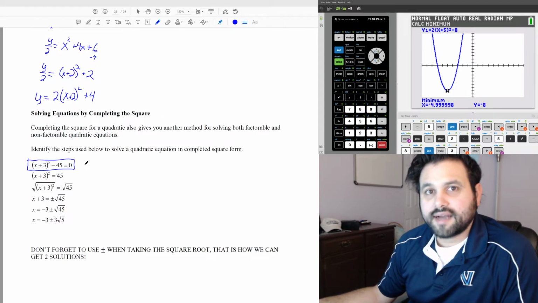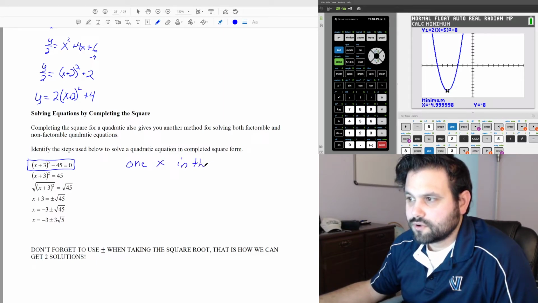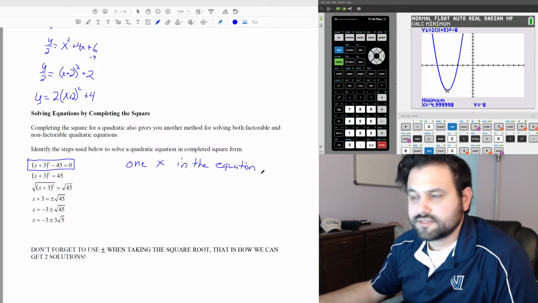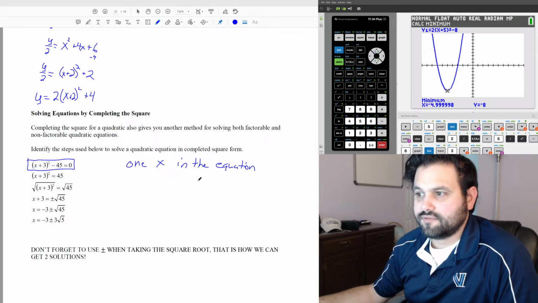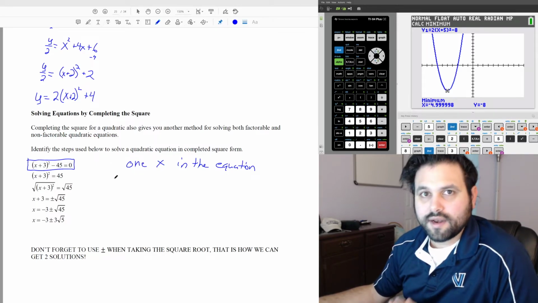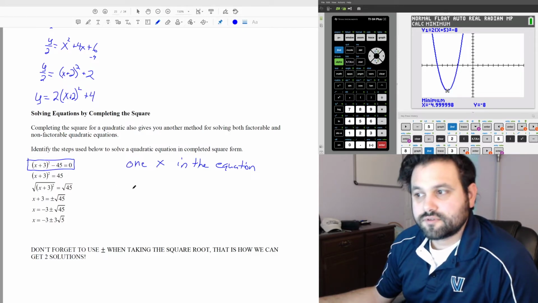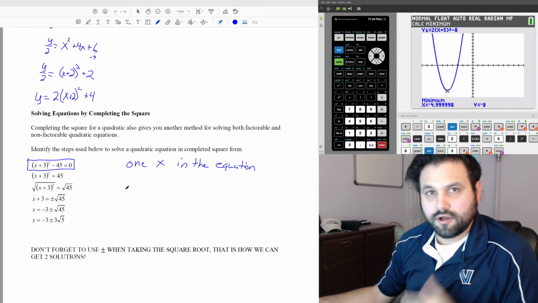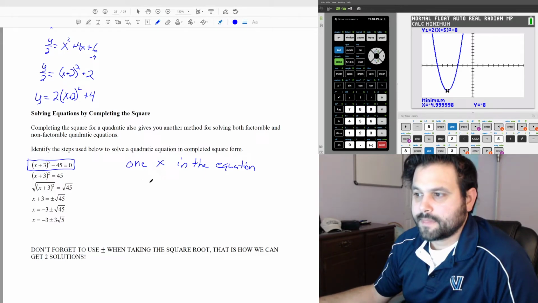There's only one x in this equation. If there's only one x in the equation, then we just have to do our regular solving techniques to isolate that variable, to get that x by itself, right? So if there's only one x in an equation, just work all those inverse operations and get that x by itself, right?